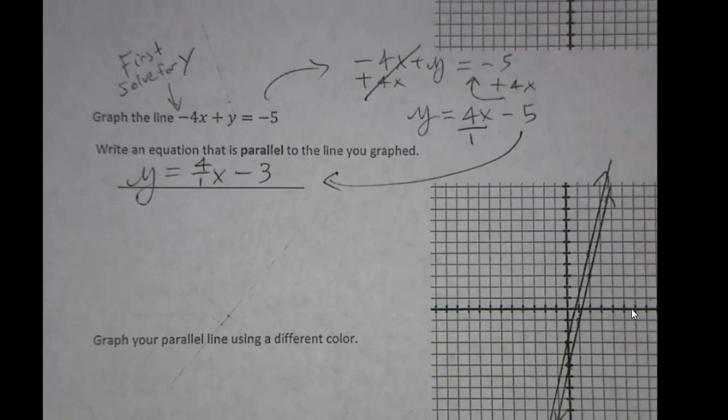Again, we did this on our warm-up. Take this, I rewrote it over here, and I solved it. Get rid of the x, add 4x to both sides, put it in front, and then there's nothing in front of y, so you're done. 4x minus 5, and put the 4 over 1, right? Y'all know a whole number is always over 1?